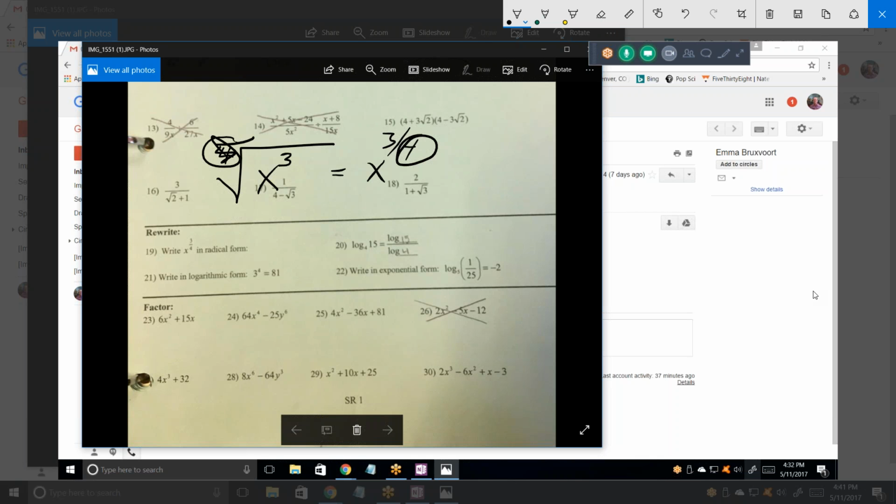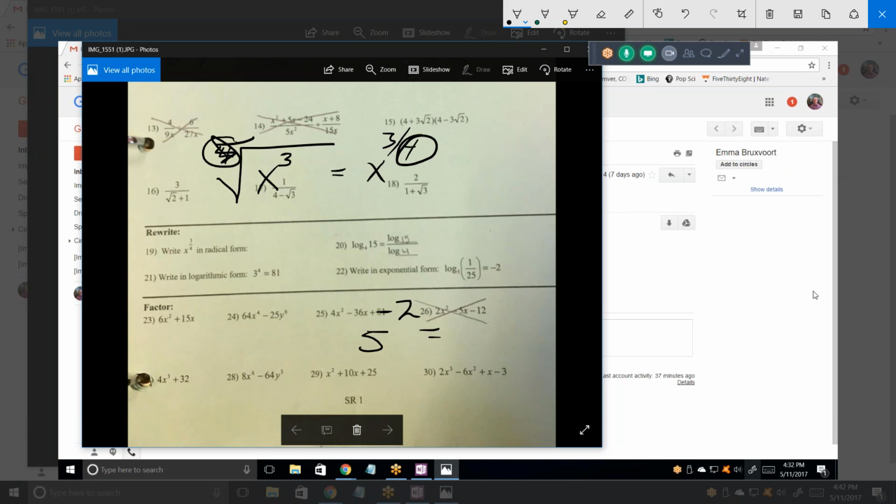Well, the reason I want to do these is because, boy, if there's two things you have to know in logarithms, it's how to convert exponential to logarithmic and how to convert logarithmic to exponential. It's going to be 5 to the square root of -2. Not the square root, just 5 to the -2.